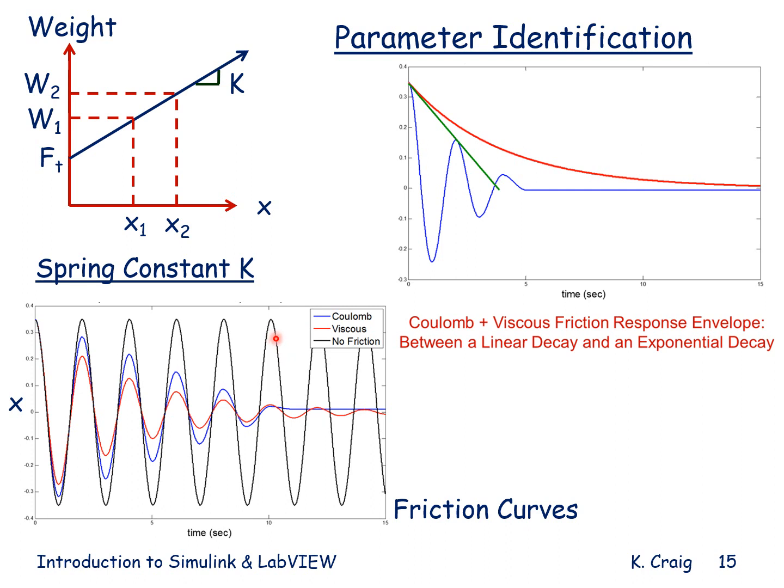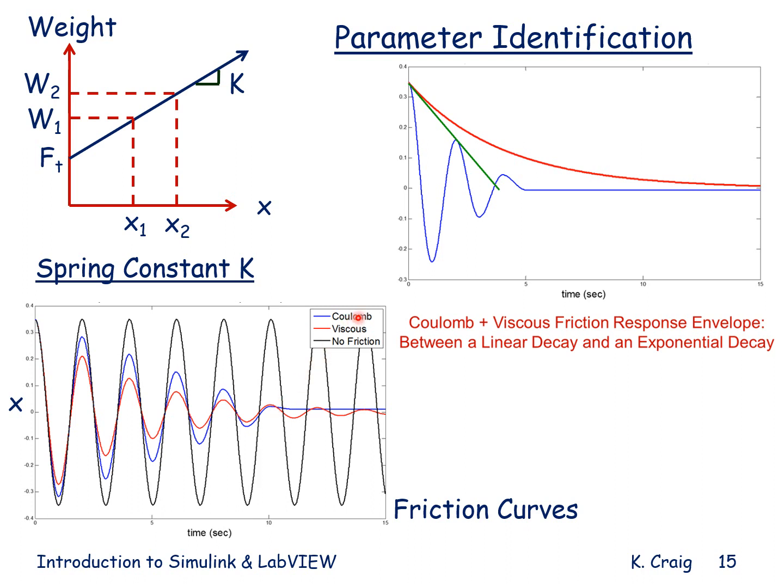If I have viscous damping, then the oscillations will decay, as shown by the red curve. And if I looked at the peaks of these oscillations, the envelope of those oscillations is an exponentially decaying curve.